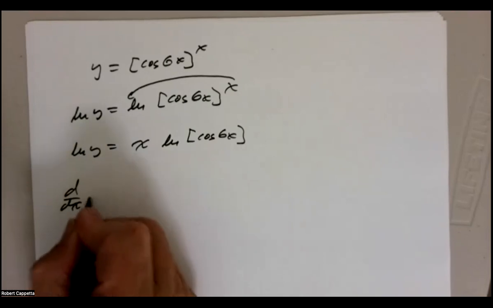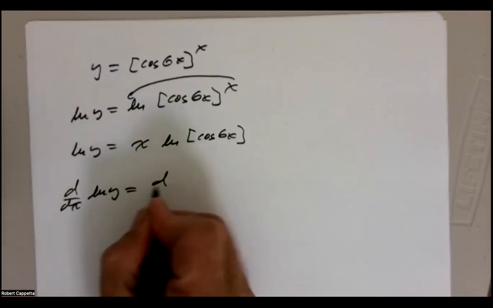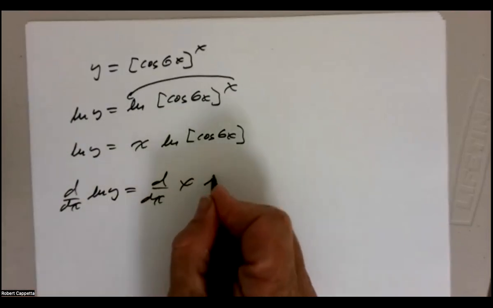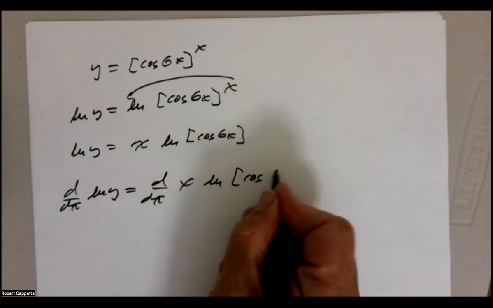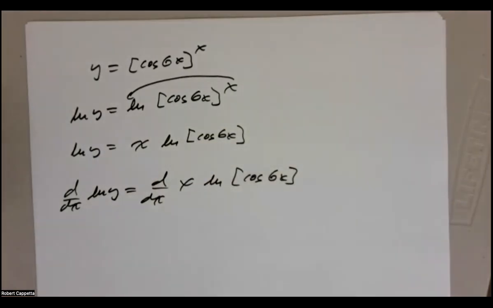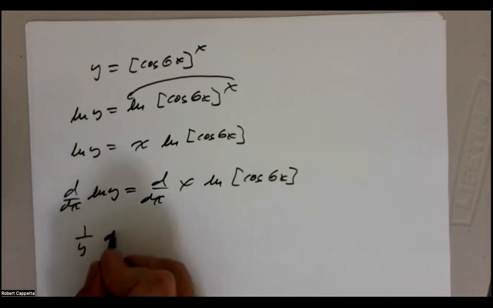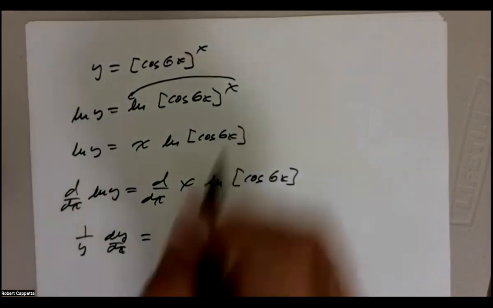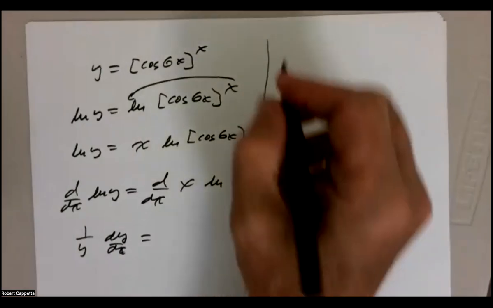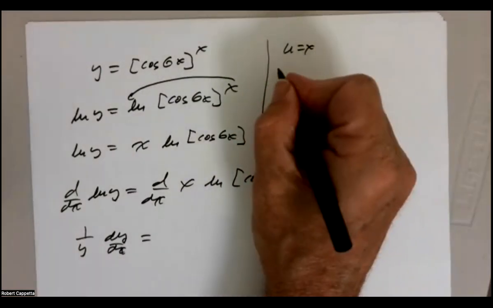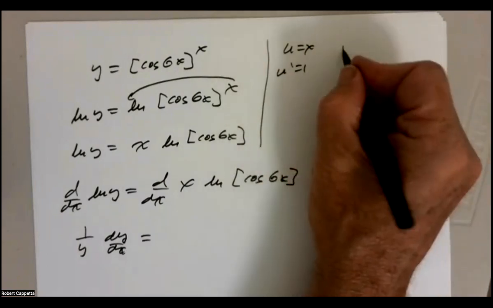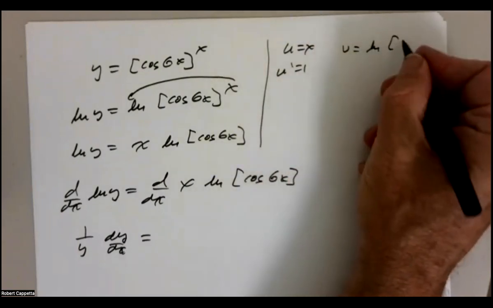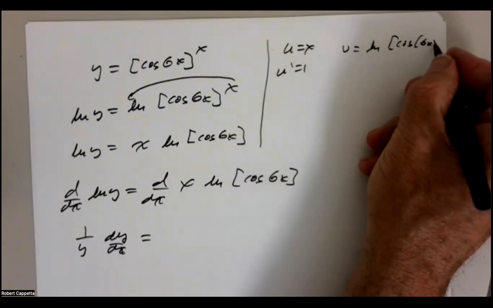The derivative with respect to x of log y is the derivative with respect to x of x times the log of cos 6x. This is 1 over y dy dx, and the right side requires the product rule. U is x, u prime is 1. V is the log of cos of 6x.